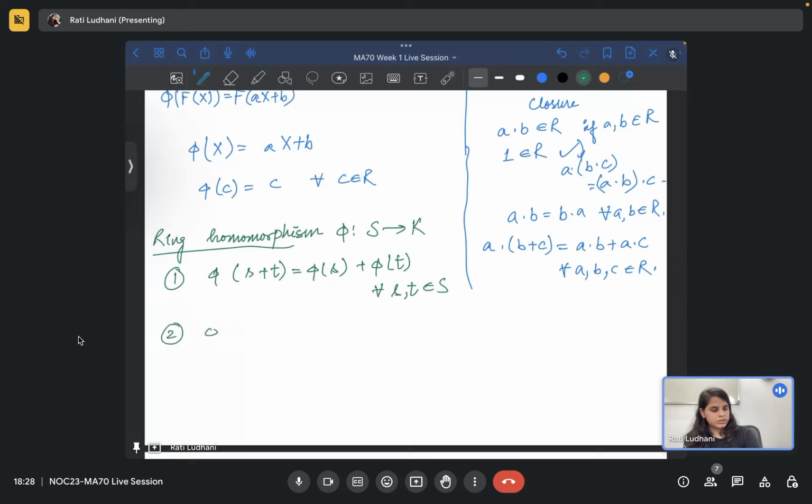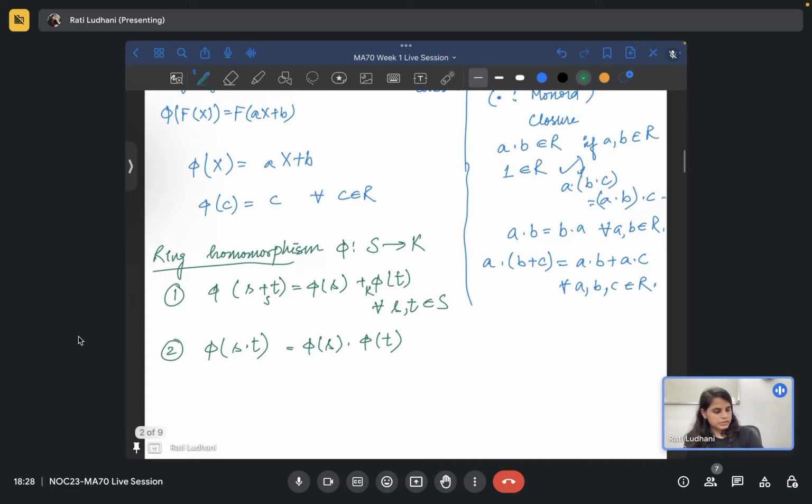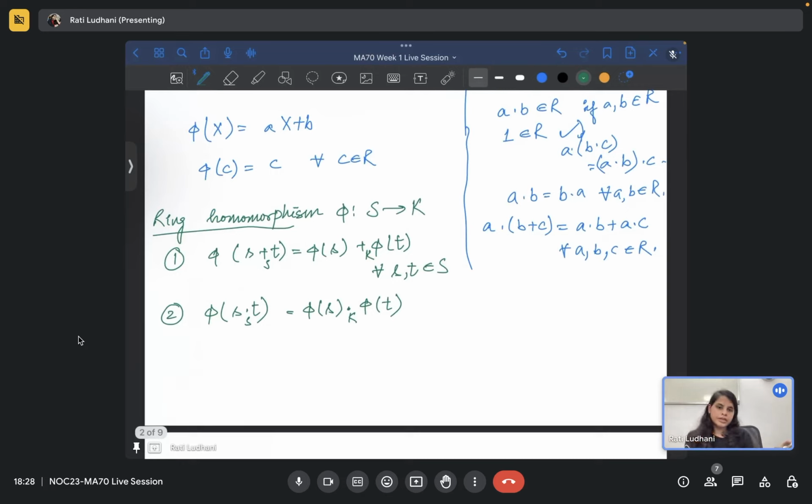Second, phi of s times t is equal to phi of s times phi of t. The addition on the left is with respect to S, and on the right with respect to K. Similarly the multiplication on the left is in S and on the right is in K, since phi of s times phi of t is only defined in the ring K. So these are two rings.